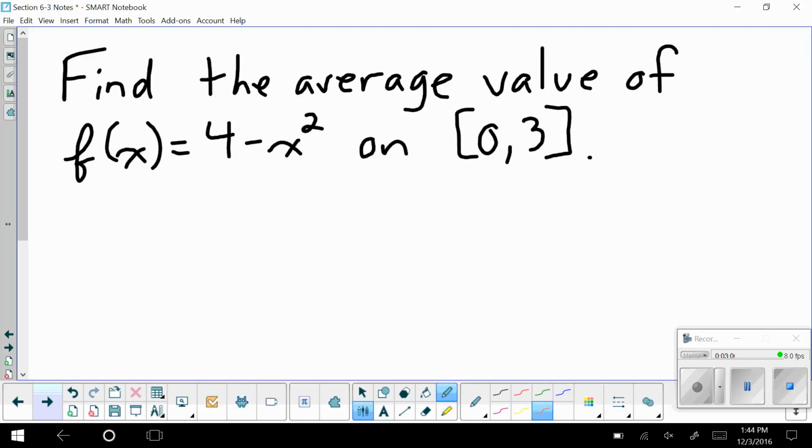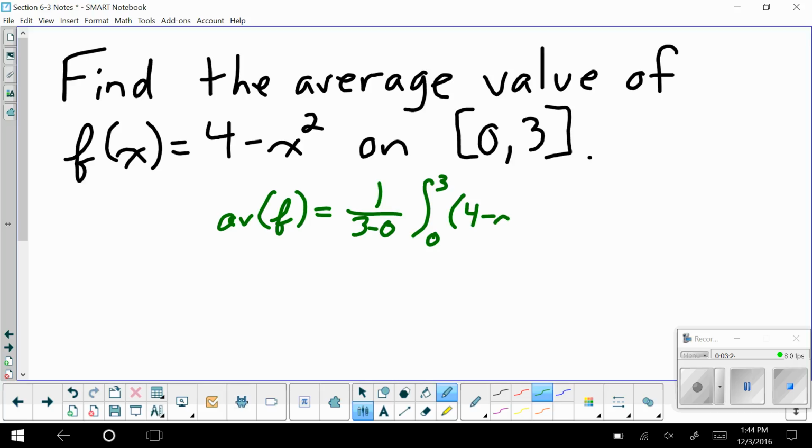So as an example, if I wanted to find the average value of 4 minus x squared on the closed interval 0 to 3, well, the way we do this is we want to find the average value of f. So it's 1 over the distance between my endpoints here in the domain, so 1 over 3 minus 0, times the integral from 0 to 3 of our function with respect to x.